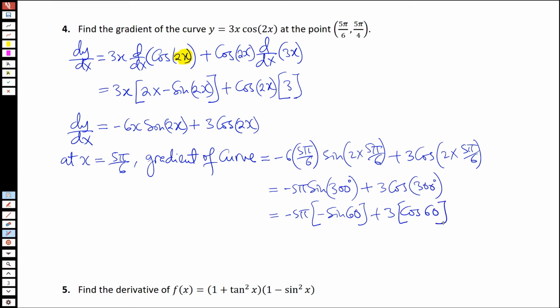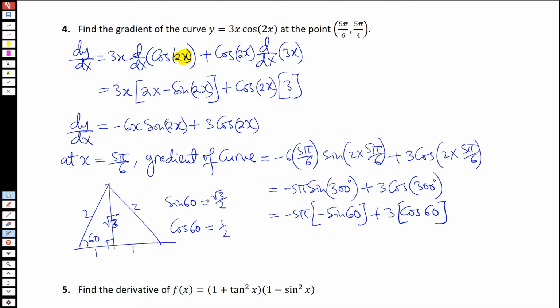And the reason why I am writing this in terms of acute angles is because I plan to use the special triangle. So if you have 2, 1, and root 3, and you know that this is 60 degrees, then we know that sine 60 will be equal to root 3 over 2, and cos 60 will be equal to a half. We can use these trig ratios from the special triangle to simplify this part.